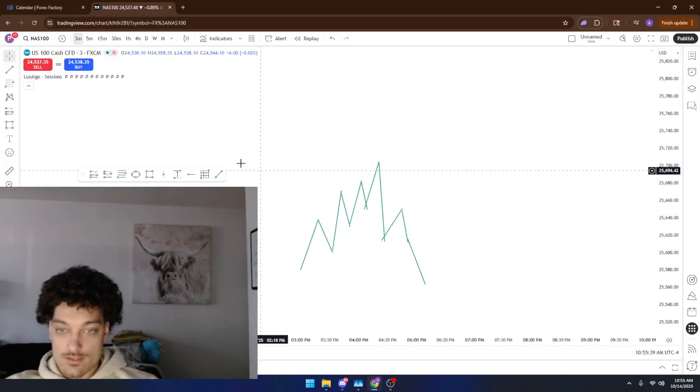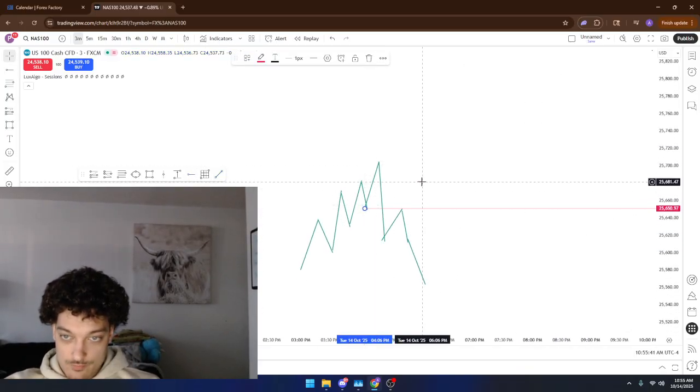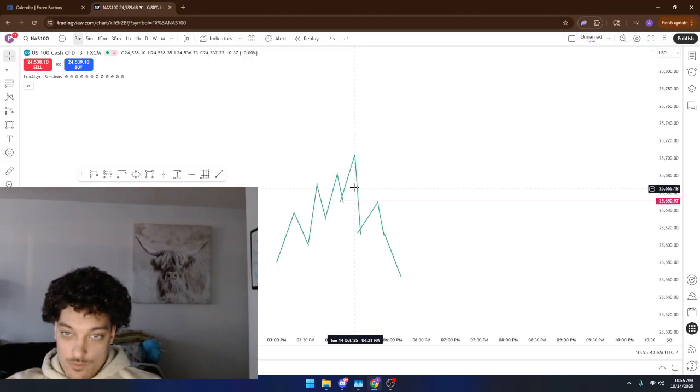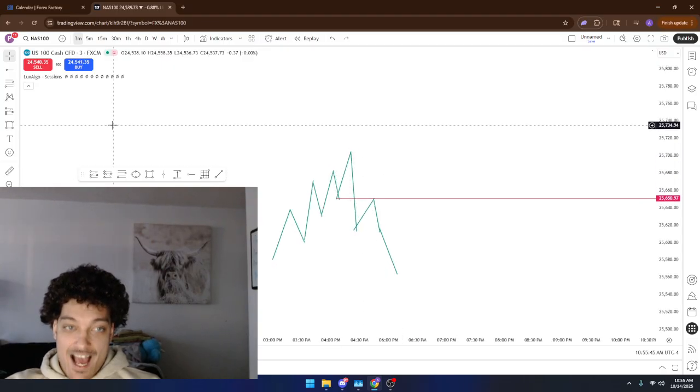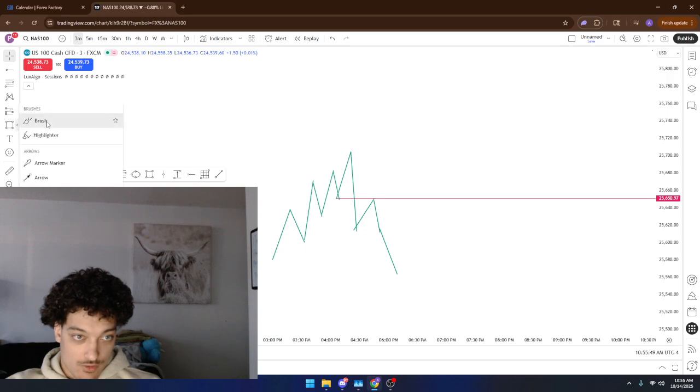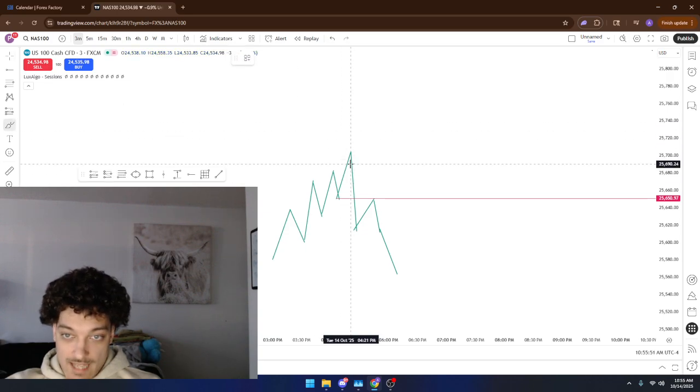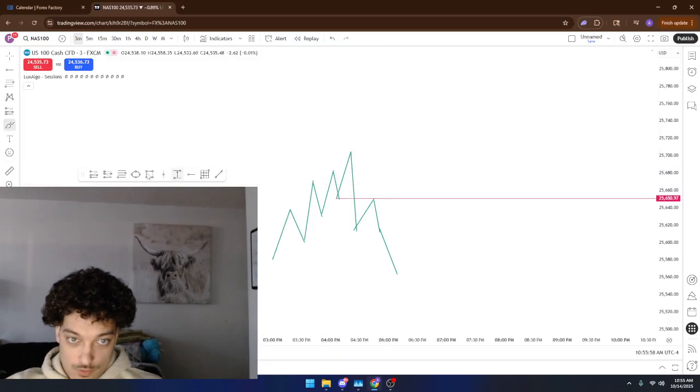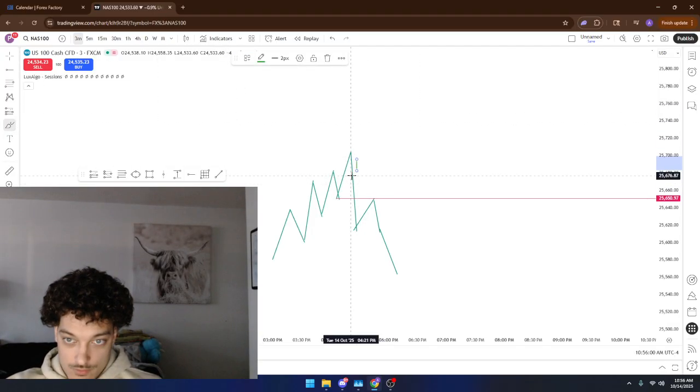Okay, in this case, breaker structure. Now we are looking for the last down candle before the breaker structure. Where did the brush go?